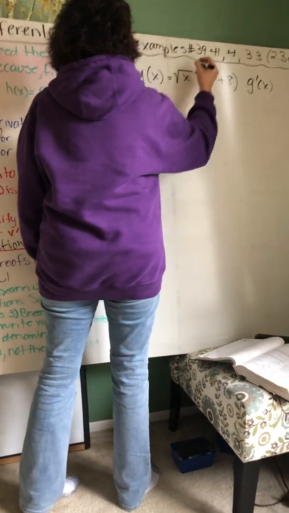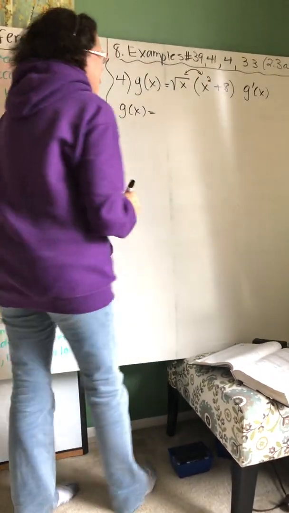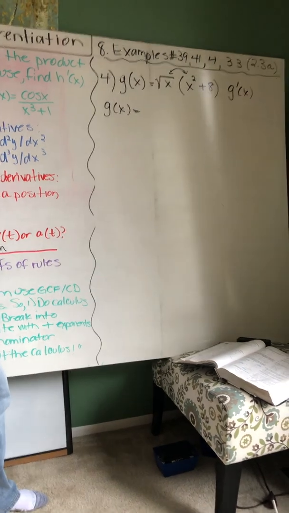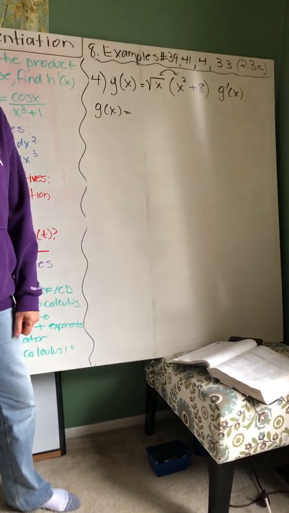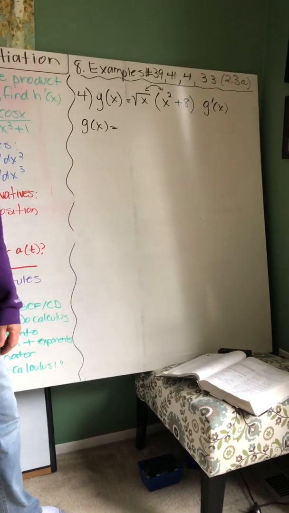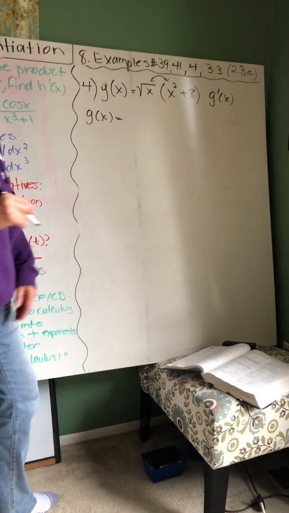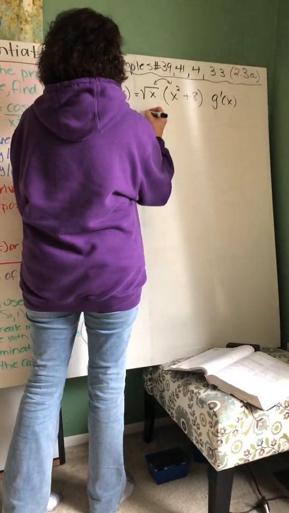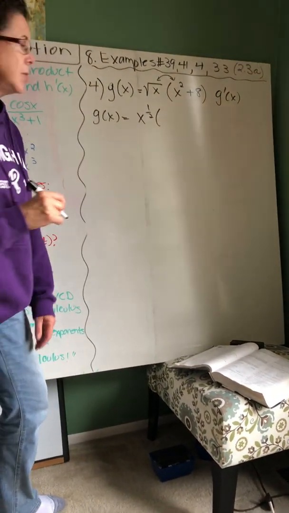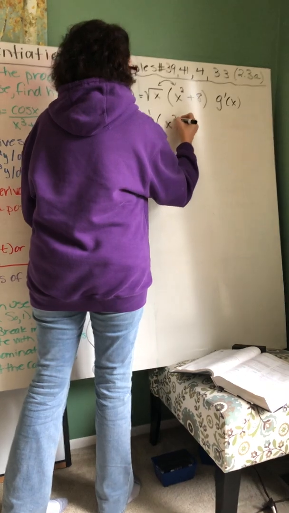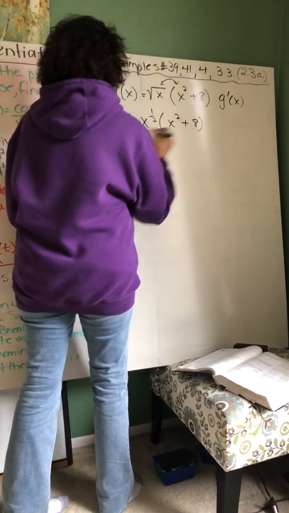The problem for students, whether you distribute now with the power rule or use the product rule, is what is the square root of x times x squared? Well, no matter what, when we take the derivative, we need to see some exponents. So the first thing I'm going to do, all I'm going to do is write the square root of x as x to the 1/2. That's all I changed so far.